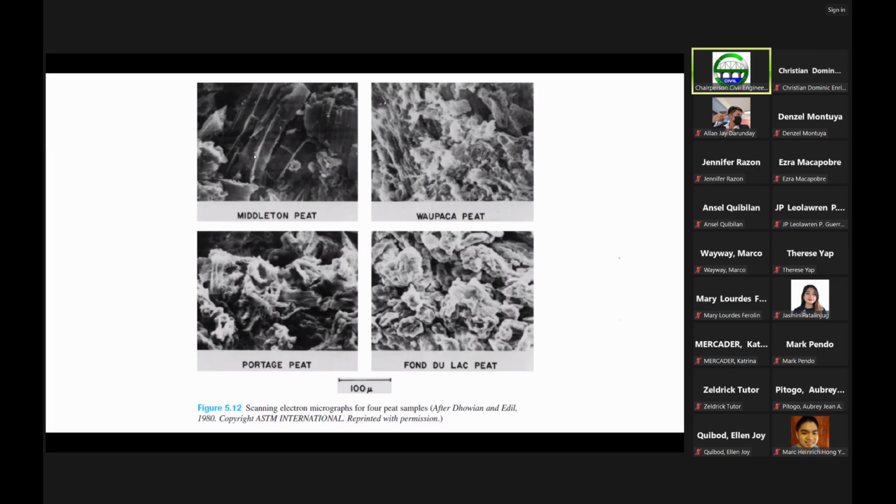These are the scanning electron micrographs, or SEM screenshots, of these four peat samples. This one is the Middleton peat, Waupaca peat, then this is probably a French peat, then you have here the Portage peat. So just looking at them microscopically, using the SEM equipment.